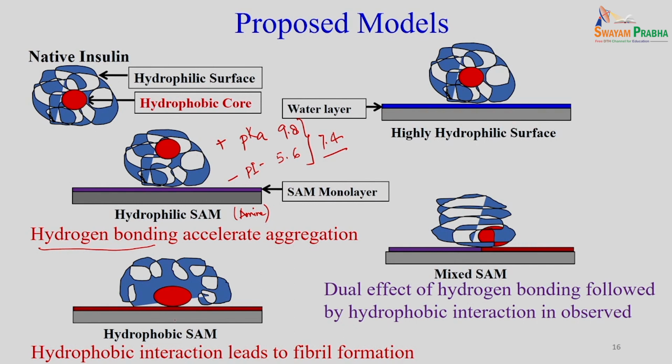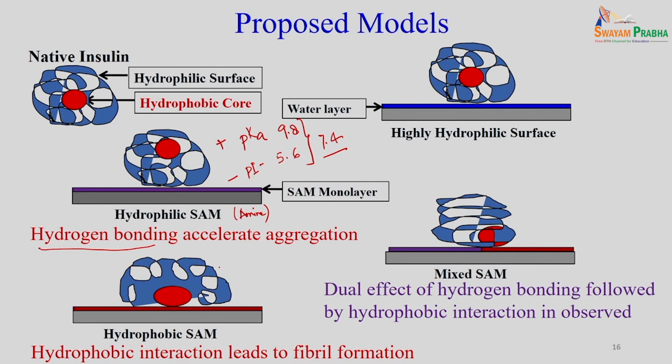Now, let us consider the hydrophobic surface. So, in that case what happens? The hydrophobic interaction will play the lead role here. So, for that, first the protein has to reorient, or you can say unfold, in such a way that the hydrophobic group comes closer to the hydrophobic surface for hydrophobic interaction.